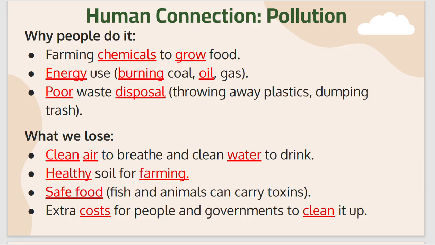We lose healthy soil for farming, safe food because our fish and our animals can eat these toxins, these pollutions, and pass them on to us. And then we lose money because it costs extra for people and governments to clean up this pollution and try to reverse the effects of pollution.